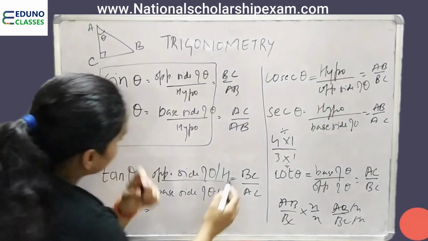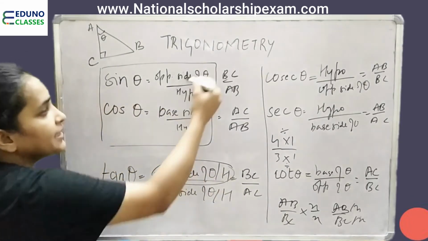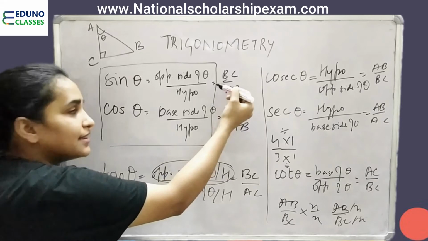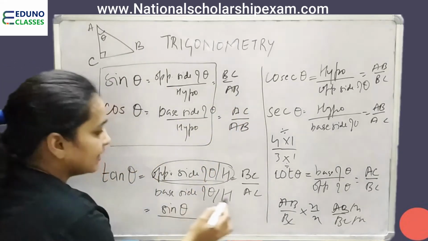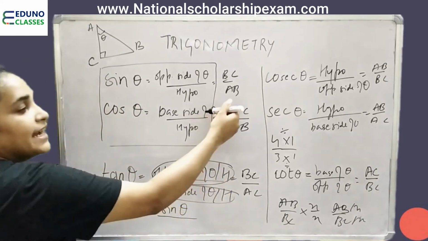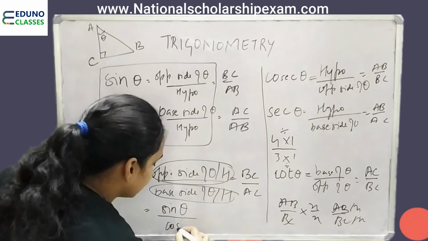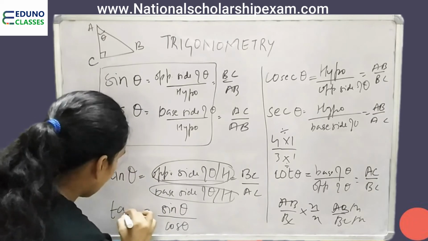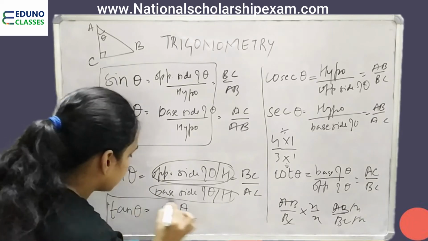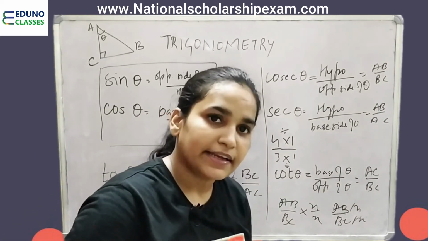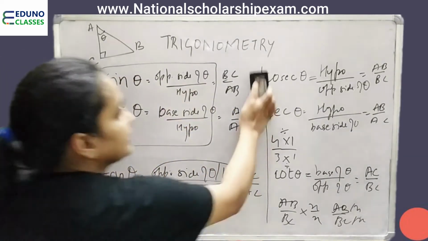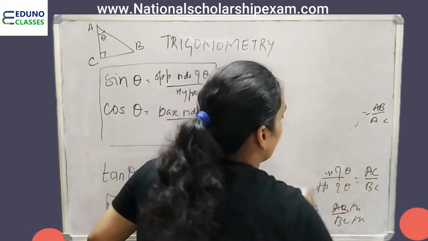So now this will become the opposite side of theta upon hypotenuse, that is sin theta, and this will become the base side of theta upon hypotenuse, that is cos theta. So tan theta is equal to sin theta upon cos theta.